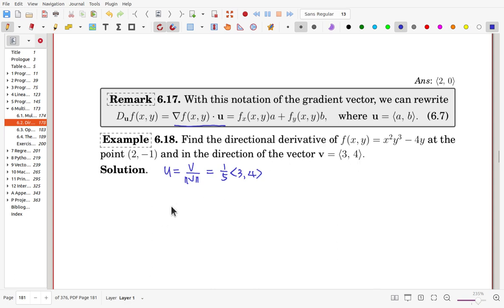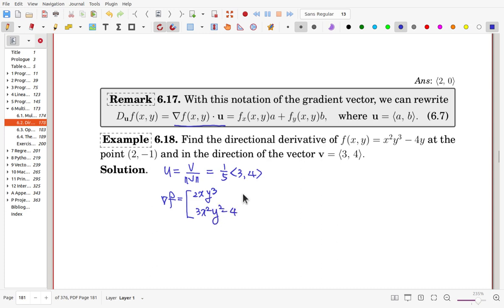Right? Okay, now f sub x and f sub y for the gradient. The x derivative is 2xy cubed, and that'll be minus 4. Now the y derivative is 3x squared y squared.